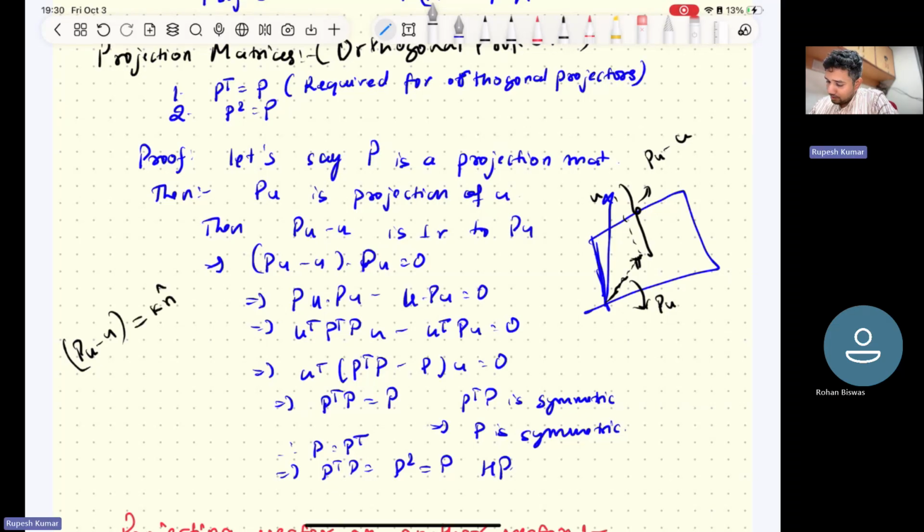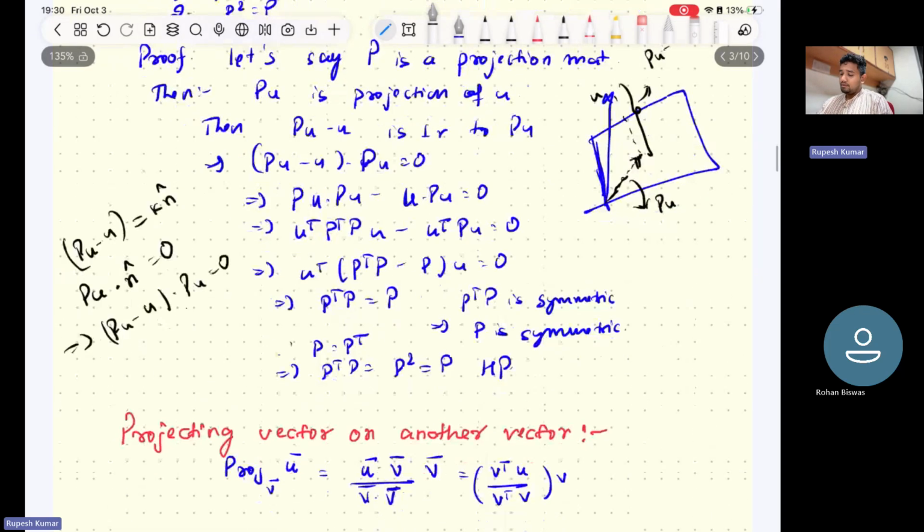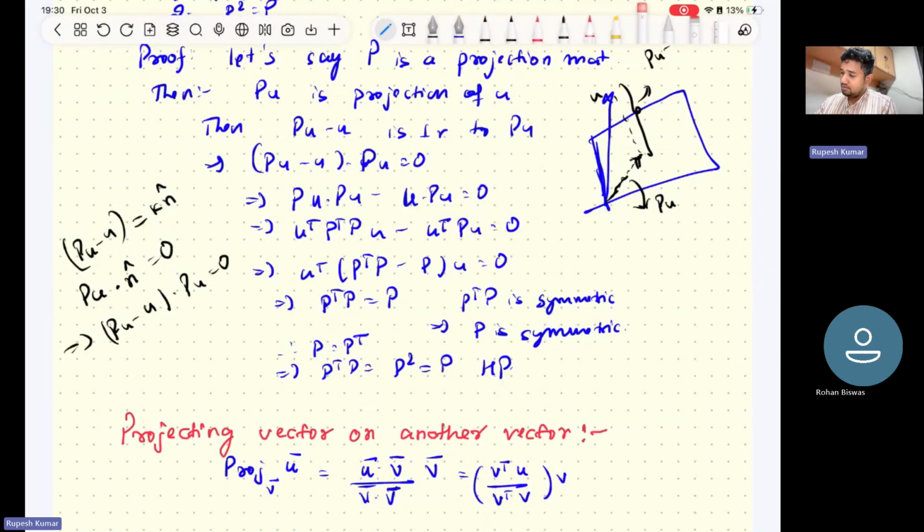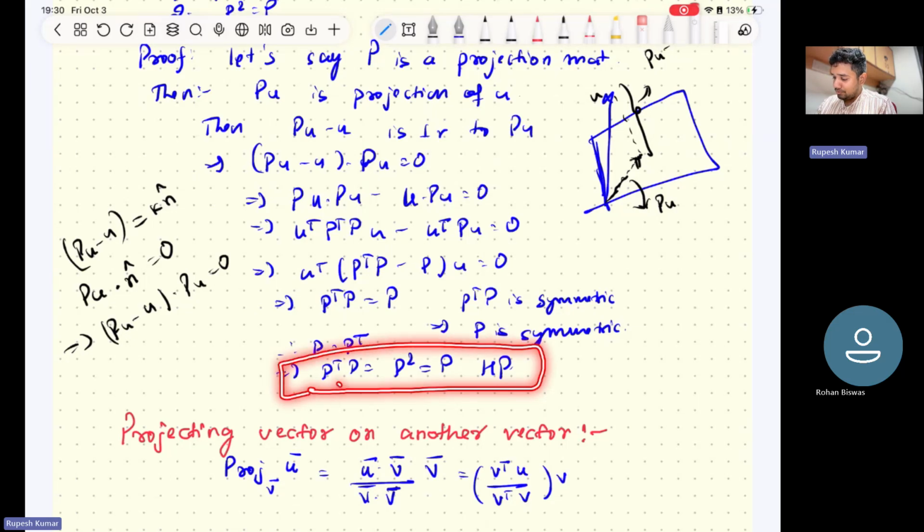And we know that any vector in the range space of A, dot product with the normal vector, has to be 0. Then from here you can figure out that (Pu minus u) dot Pu is equal to 0. And then you will get this condition that P transpose P equals P square. And since P transpose P is symmetric, P has to be symmetric.